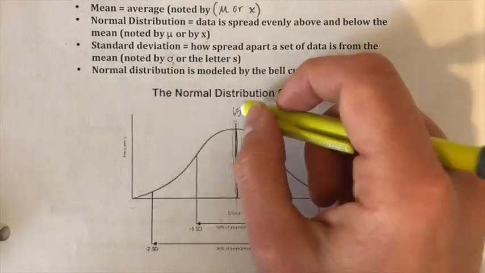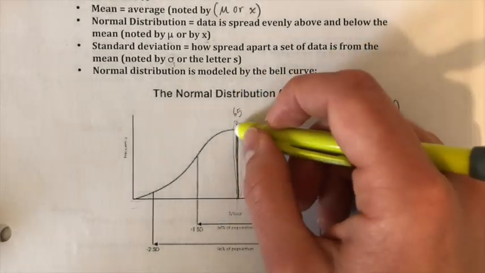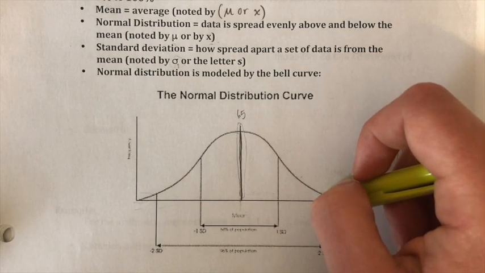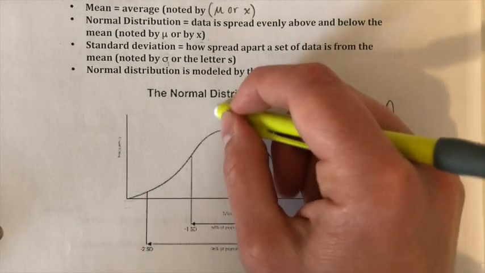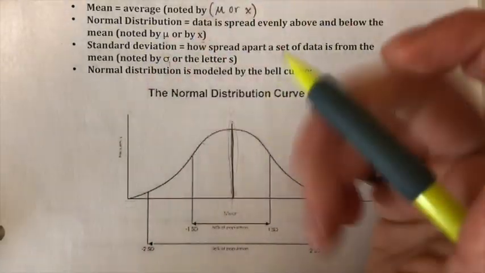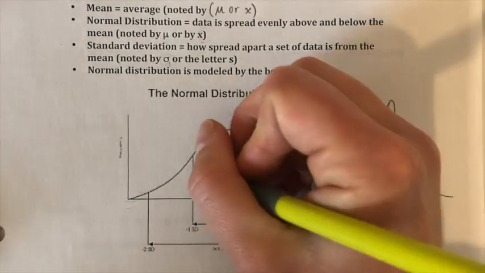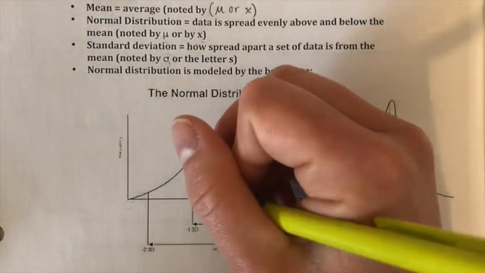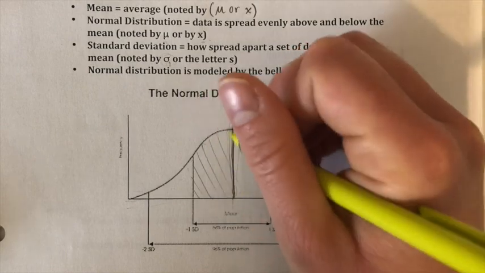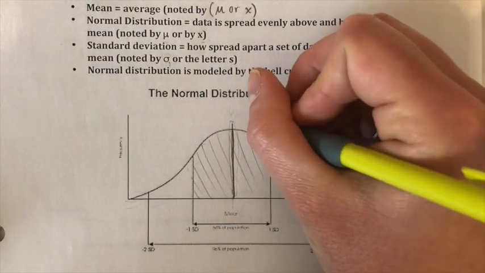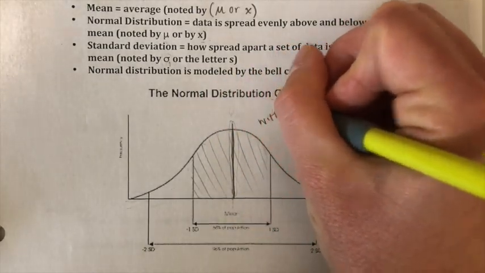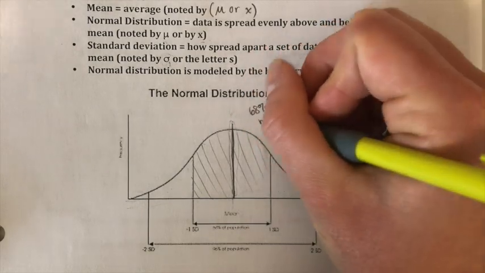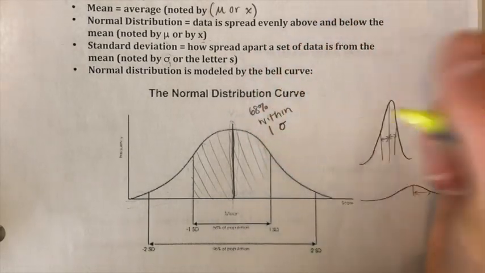In Alberta on diplomas, they want a 65 average, where 50% of the population is above that average and 50% is below it. Now, 68% of the population is going to be within one standard deviation.